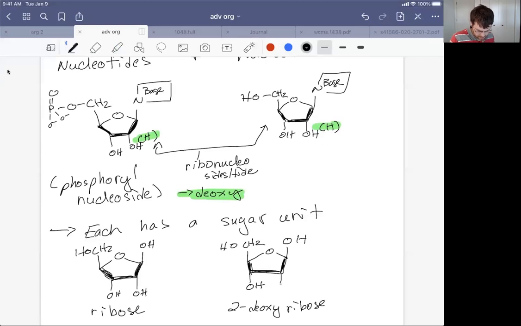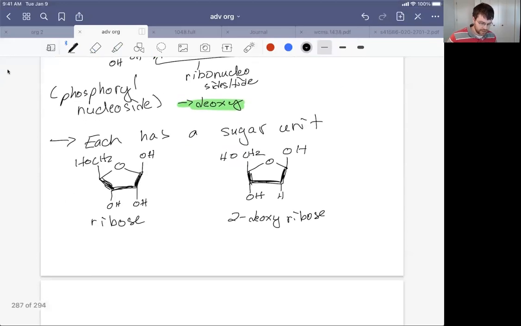Turns out this second down doesn't matter because it's an H on a carbon that has another H, so it's not necessarily chiral, but it's helpful to remember. And so the ribose and the deoxyribose sugars are shown here. These form the backbone component of the nucleosides and nucleotides.